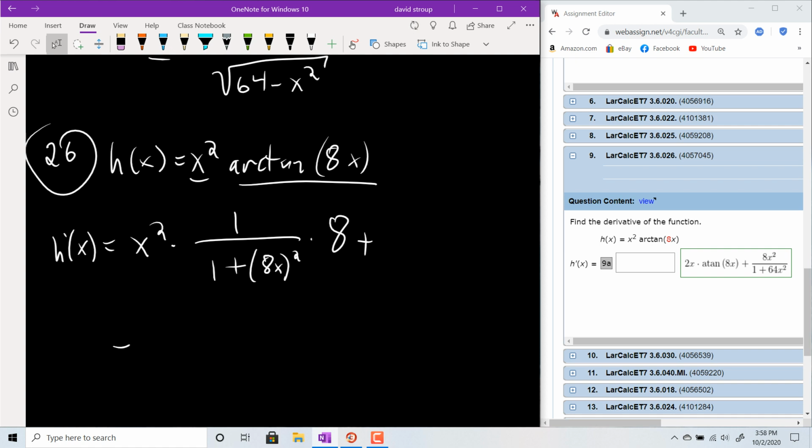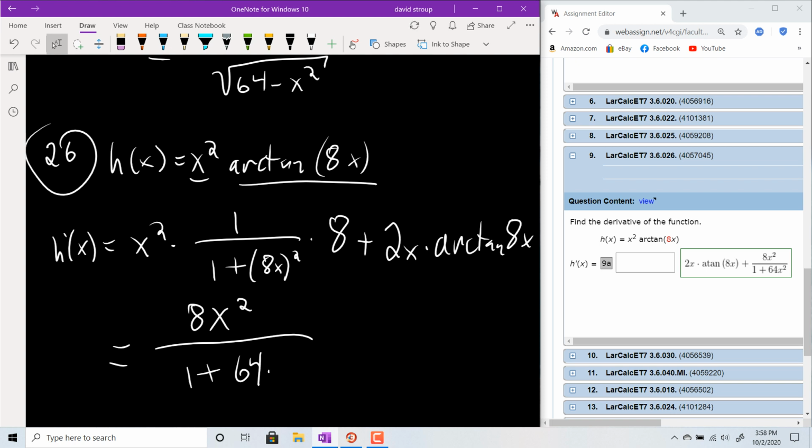And then plus the derivative of x squared, which is 2x, times leave arctan alone. Okay, so we end up with x squared times 8, all over 1 plus 64x squared, plus 2x arctan of 8x, like that.